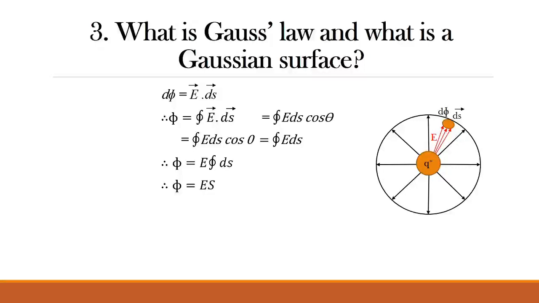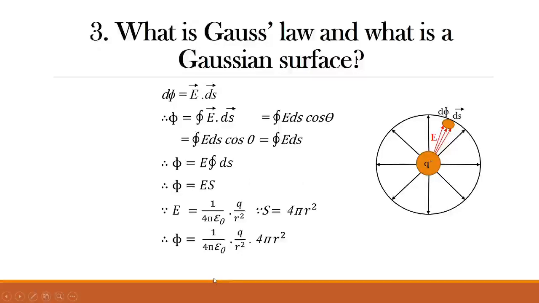But the value of the electric field we know is E equal to 1 divided by 4 pi epsilon naught, Q divided by R square. S is the total area equal to 4 pi R square. Putting these values in the above equation, phi equal to 1 divided by 4 pi epsilon naught, Q divided by R square, into 4 pi R square.